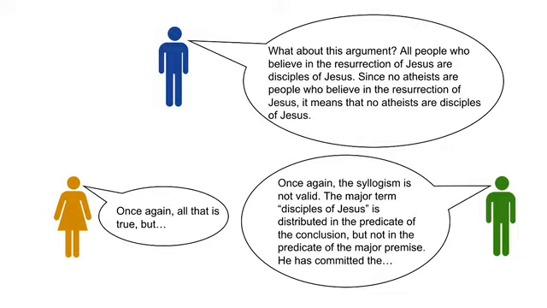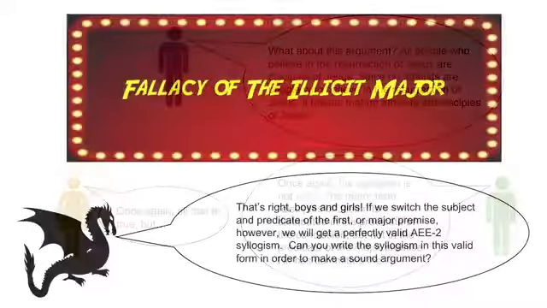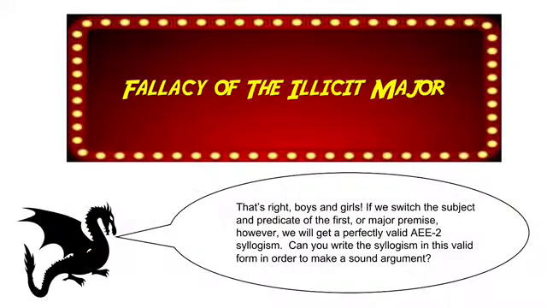The major term, disciples of Jesus, is distributed in the predicate of the conclusion, but not in the predicate of the major premise. He has committed the fallacy of the illicit major.